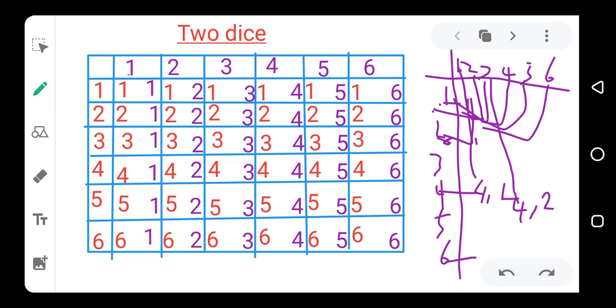Now 5 plus 4 here is 9. The total here is 9. Now we also have 5 plus 4 is 9 here.